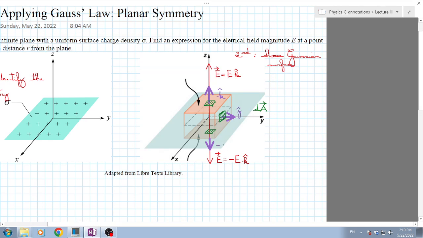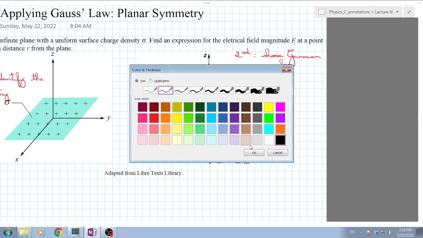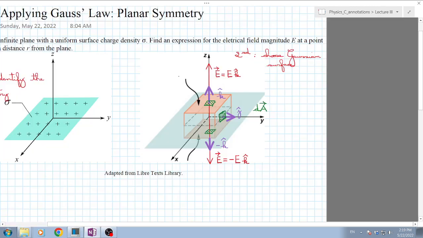Minus k for the bottom. Okay, so this is it. This is the top surface. This is the only one I have to take care of actually.